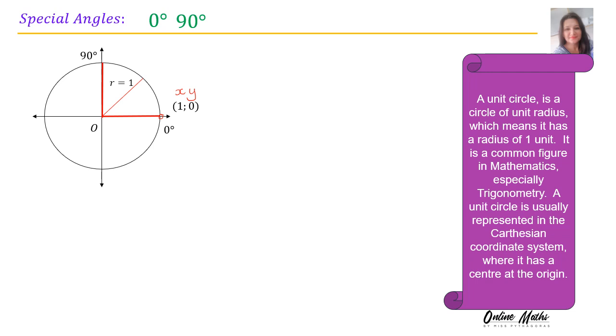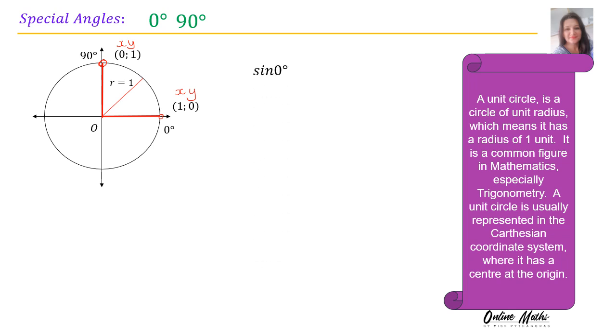And then there's a point there, and the coordinate there will be 0 and 1. So the x is 0 and the y is 1. Now that is what you need. And remember, r is 1. It's a unit circle. Then we can start.